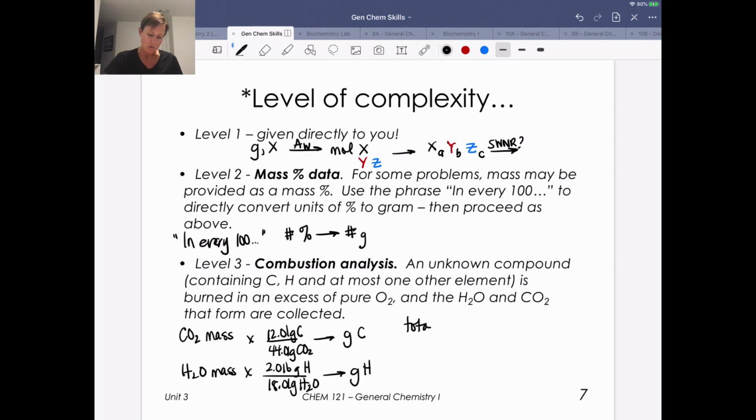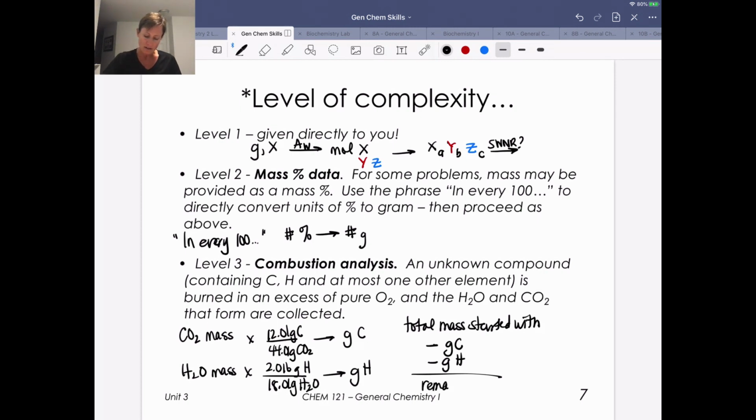I know the total mass that I started with, and if I subtract my grams of carbon and I subtract my grams of hydrogen from what I started with, remember one of those laws that said we can't create something out of nothing? The rest of the mass must be that other substance.